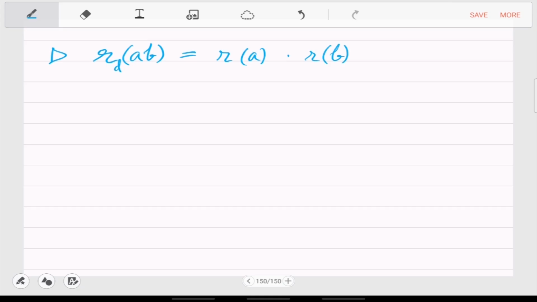Is the product, right? Irrespective of what D is and what A and B are. Not sure whether we have to prove this. Is this identity clear? That is true.